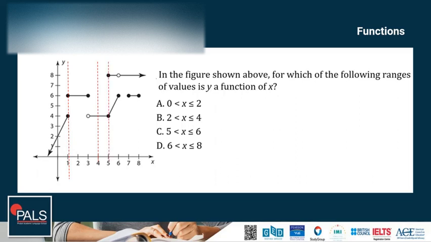Letter C, no, because there are two values of y. For D as well, there are two values for y. So the answer, and the only answer among the choices, is letter B, when x is greater than 2 and less than or equal to 4.